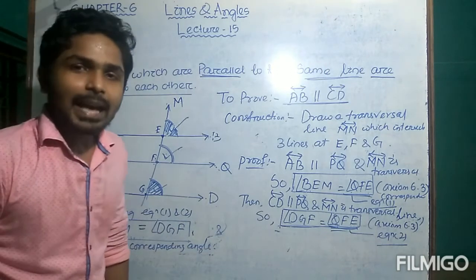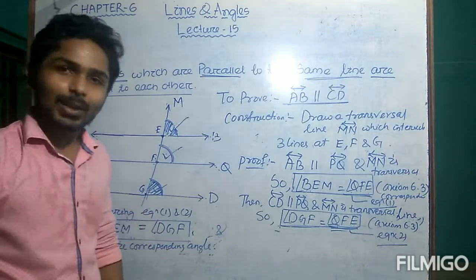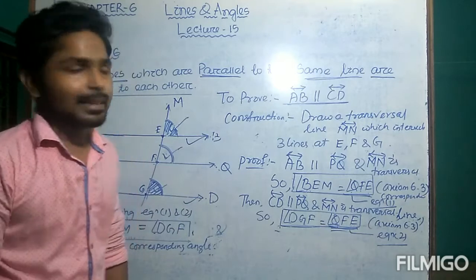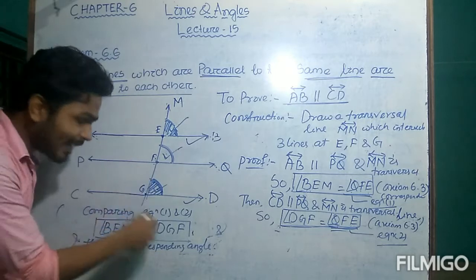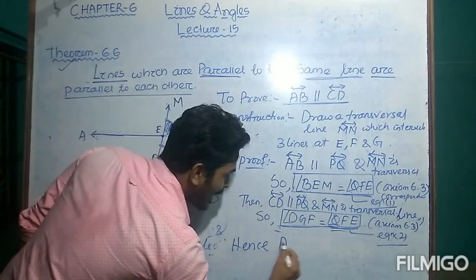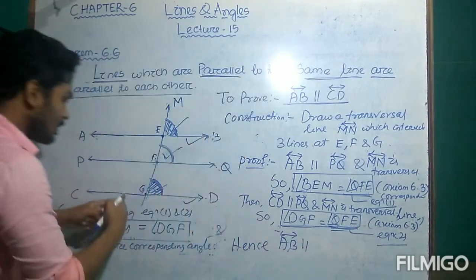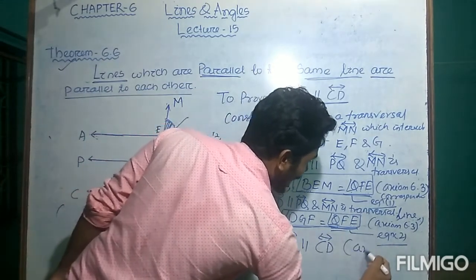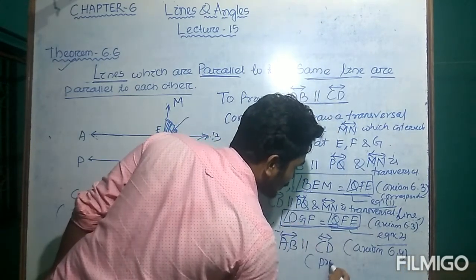And according to axiom 6.4, we studied, if any two corresponding angles are equal, then the two lines must be parallel. Here the corresponding angles are equal, so hence the line AB is parallel to the line CD. Why? Due to axiom 6.4. Hence, we proved it.